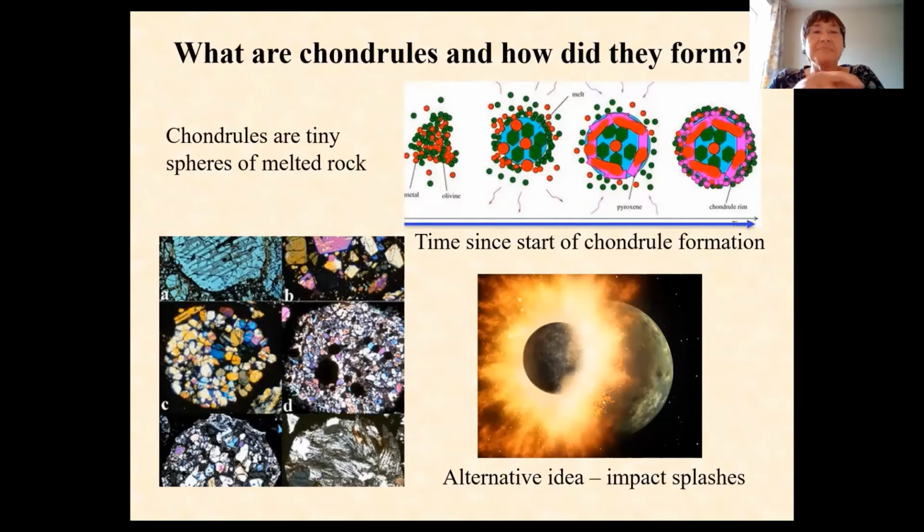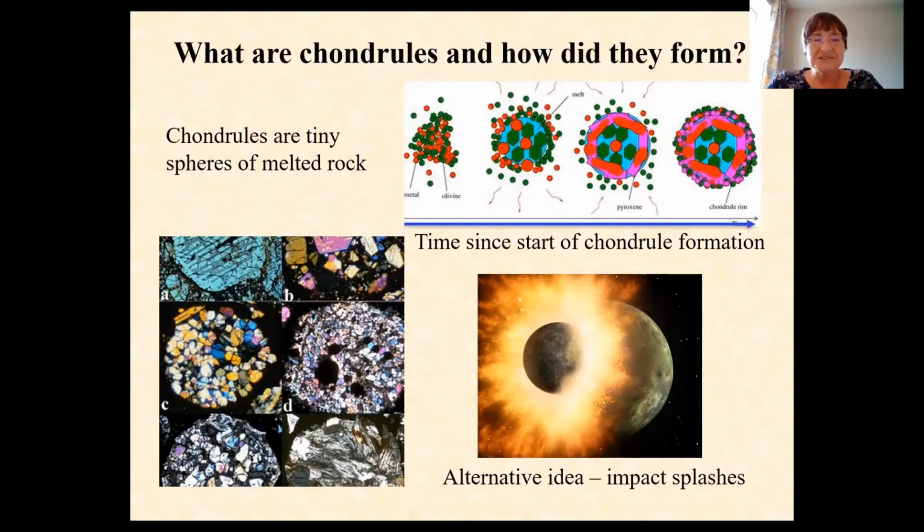And this is where we get the pale blue cyan kind of color, which is the melt itself. How they were heated is still under debate, but maybe they were heated by shock waves from the sun. And slowly they become bigger and they accrete other things. They form rims, as you can see on the right-hand side. So that's the traditional method of forming chondrules, or at least the traditional hypothesis.